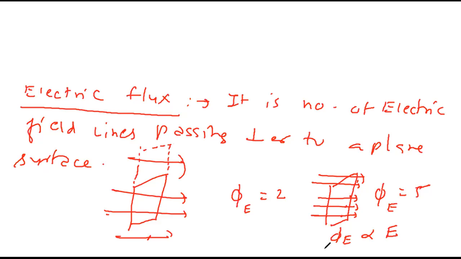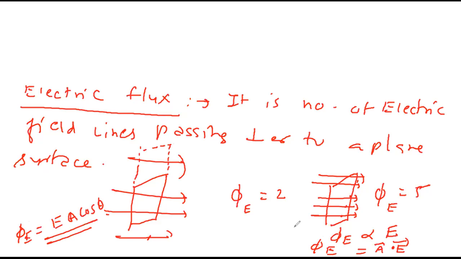Flux will increase. So can I say flux depends upon two things, one is area, other is E. Flux is a scalar quantity, A is a vector, E is a vector, so this becomes the dot product of A and E. So the electric flux is E A cos theta.